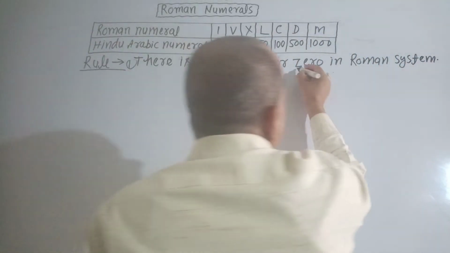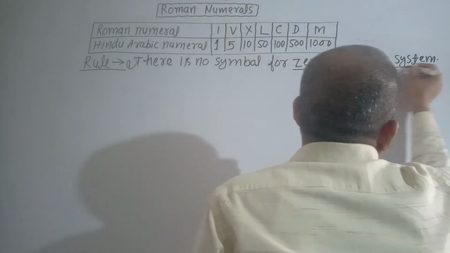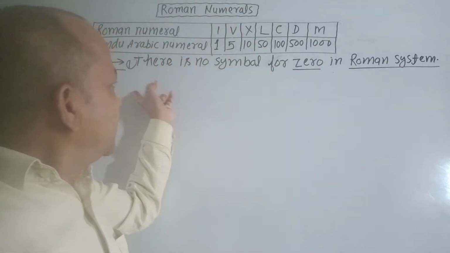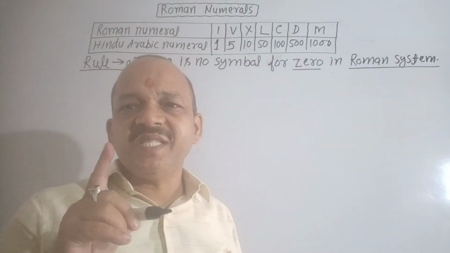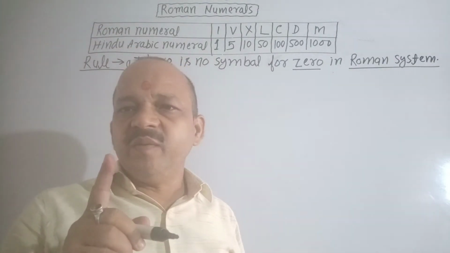Rule first. There is no symbol for 0 in the Roman system. It is clear? No confusion about it.